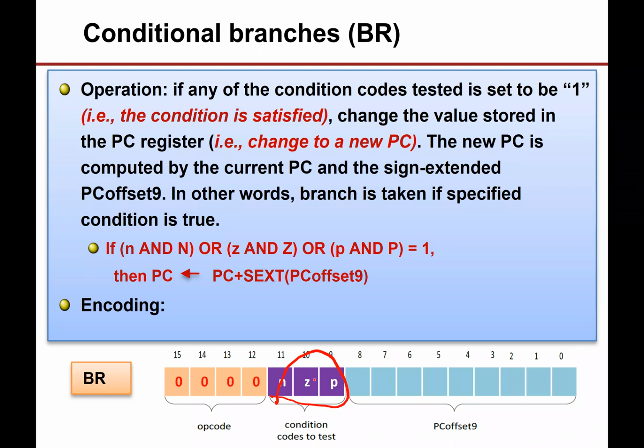Where to go if the condition is satisfied? The PC changes to a new PC. What is the new PC? It's a PC offset-based addressing mode. So it's PC plus PC offset, right? So this is the new PC.